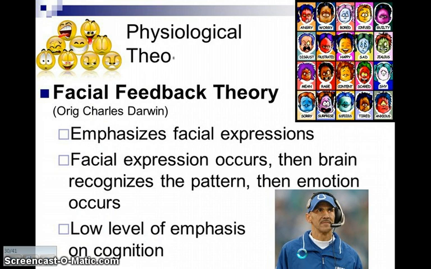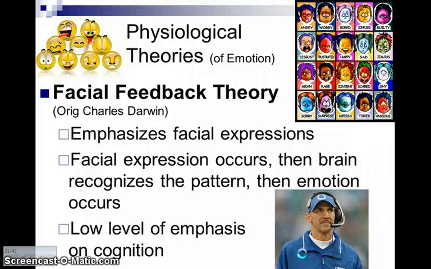Now, if we fine-tune the James-Lange theory, that leads us to what we talk about as the facial feedback theory. Believe it or not, this was originally thought of way back with Charles Darwin, but in essence what this theory says is that it's the exact same thing.